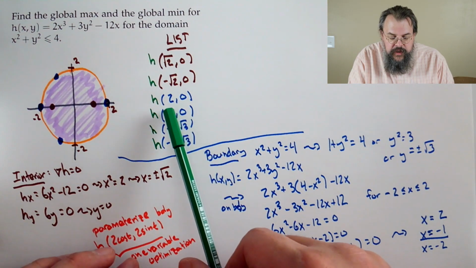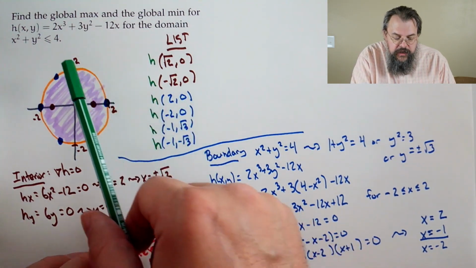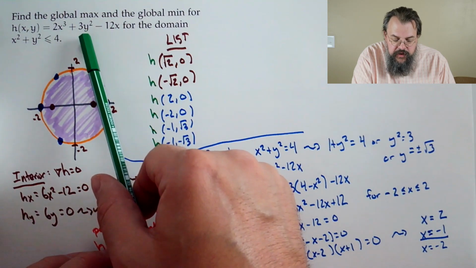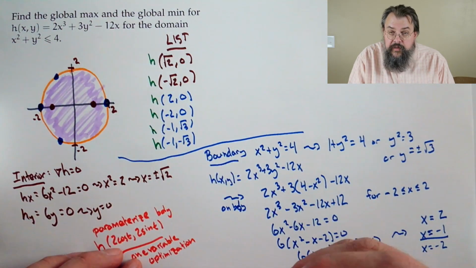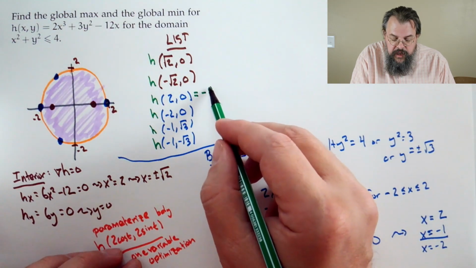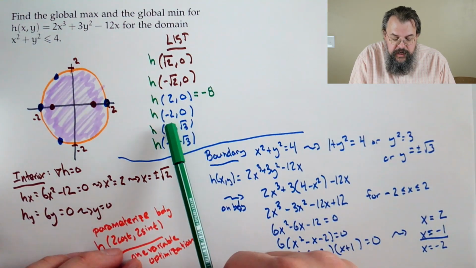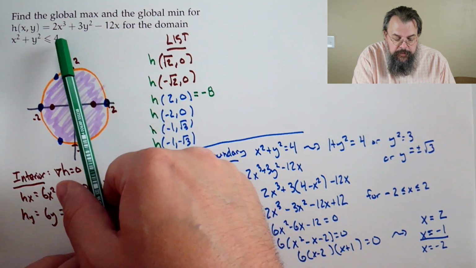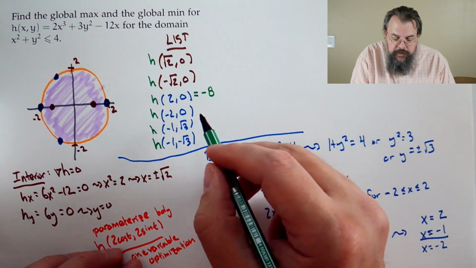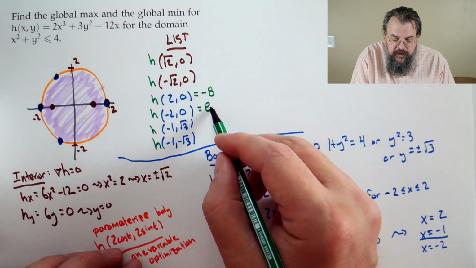So for instance, 2, 0. Well, that's 2 times 8, that's 16 plus 0 minus 24. 16 minus 24 is minus 8. Negative 2 times 0, well, that would be minus 16 plus 24. That would be positive 8.